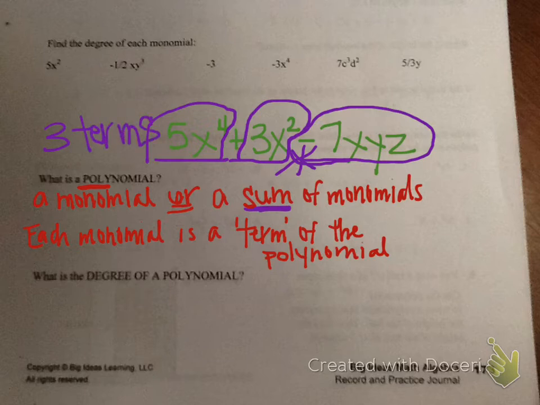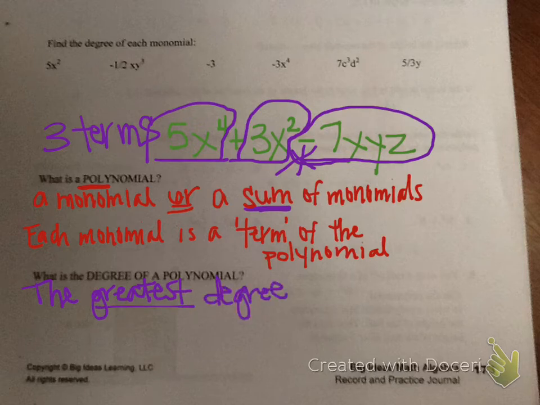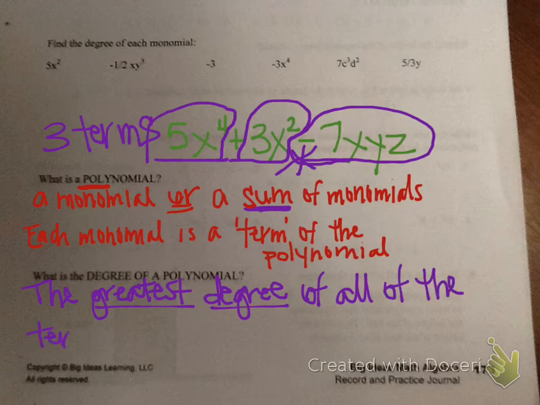And the degree of a polynomial, here's where things get confusing, is just the greatest degree of all of the terms. So you have to look at each of the terms. So this is 4th degree.